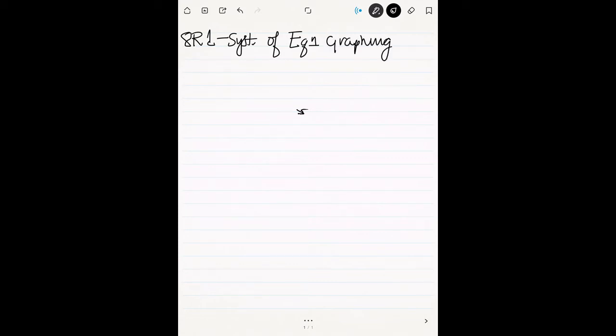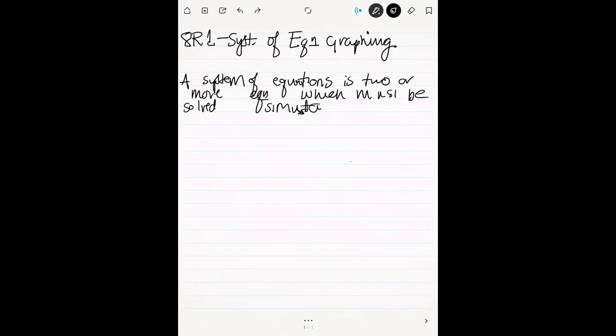So we actually haven't talked about what a system of equations is yet, and the first question students usually have is, why would I want to do a system of equations?